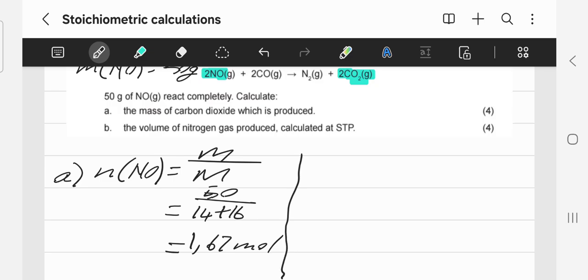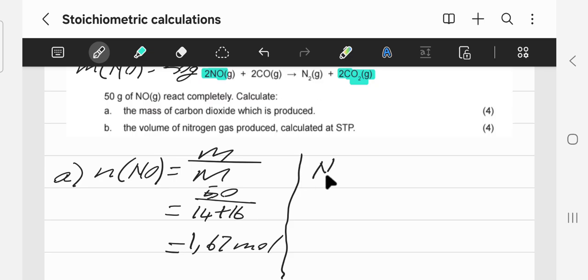After we have found this number of moles, guys, can you guess what the next step is going to be? Remember what I've said in terms of the previous video, the one before this one. I said the next step is to use these number of moles that we found of nitrogen monoxide to find the number of moles of carbon dioxide. Okay, we will use ratios, and then when we use our ratios, we will write our two substances in the form of ratios.